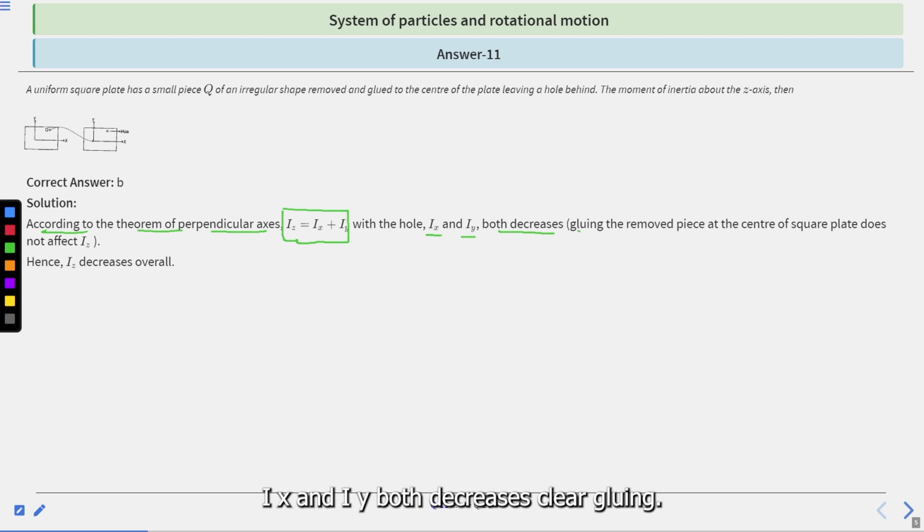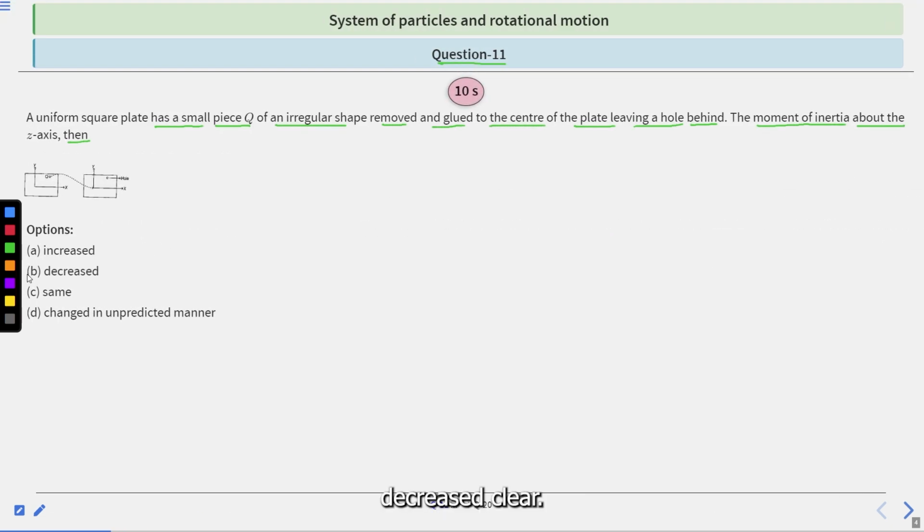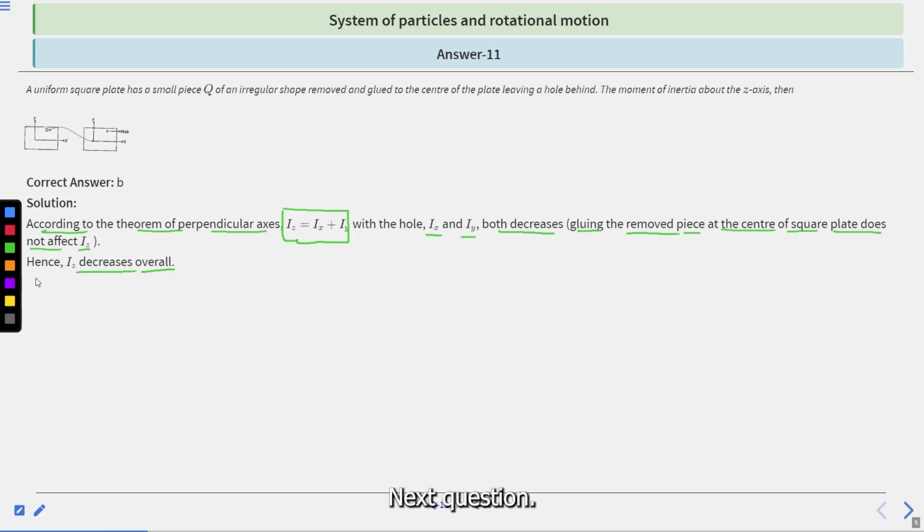Clear? Gluing the removed piece at the center of the square plate does not affect Iz. Hence, Iz decreases overall. So the correct answer is B, decreased. Clear? Next question.